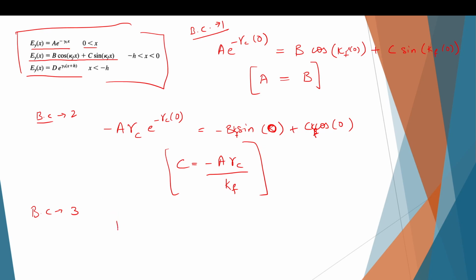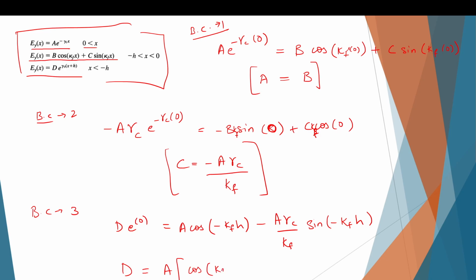So d at x equal to minus h, it will become e power 0, because minus h plus h is 0, equal to b, which is nothing but a only, a cos minus kappa f h plus c, which is nothing but minus a gamma c by kappa f sine minus kappa f h.